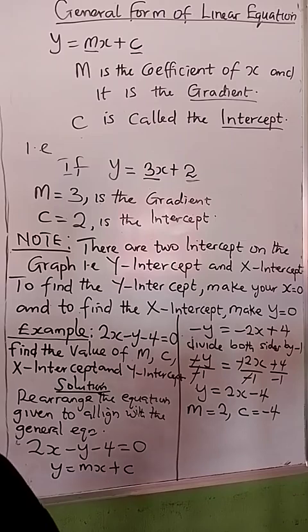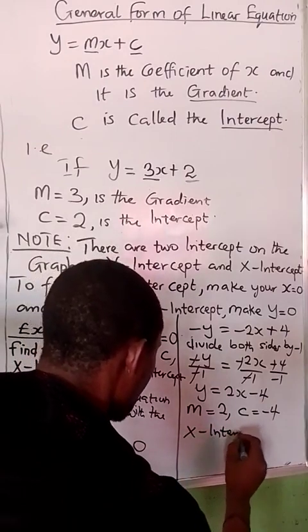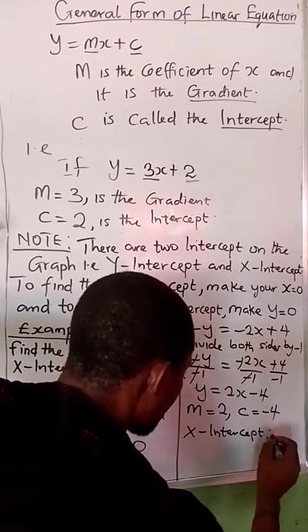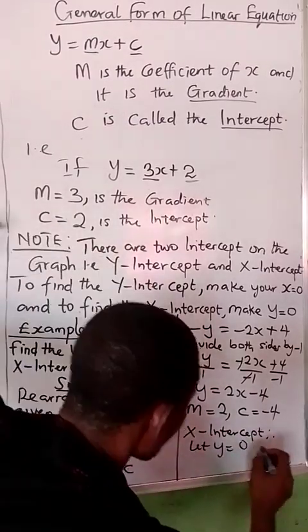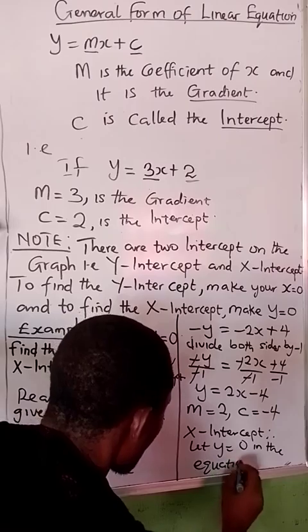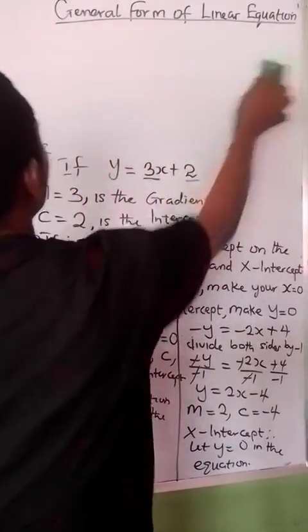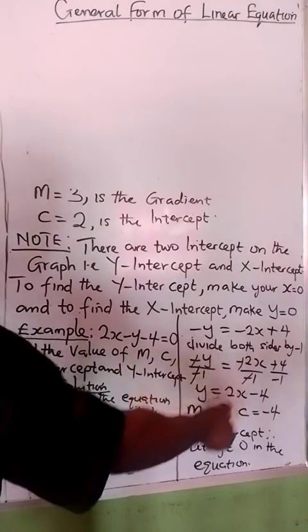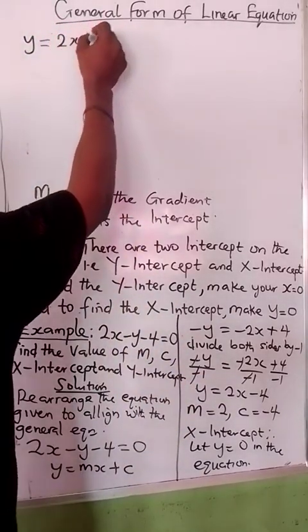Now from the equation, to get our x-intercept, we let y equal 0 in the equation. So our equation is y equals 2x minus 4.